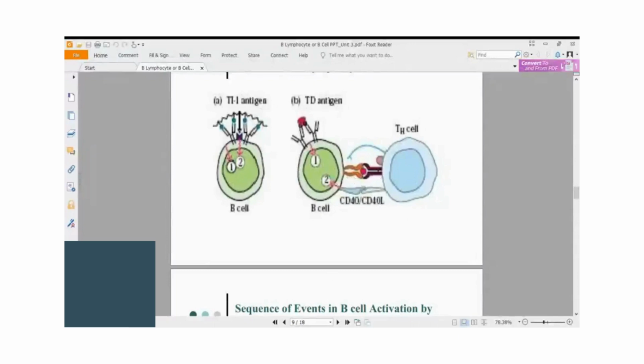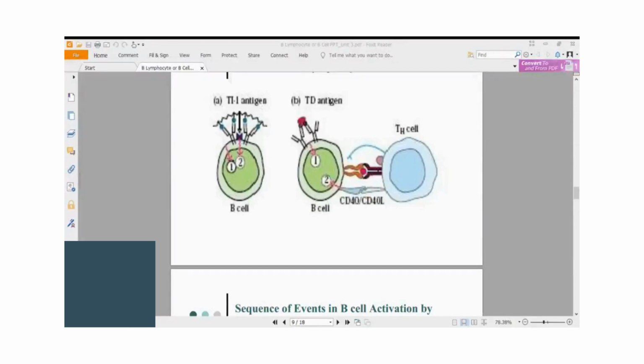So the TI antigen does not give long-term immune memory, and that acquired immune response is only an immediate immune response and not long lasting. It will be sufficient to help the individual overcome the infection. Once the individual overcomes the infection because of the IgM molecule, the immunity will subside and there will be no immune memory.